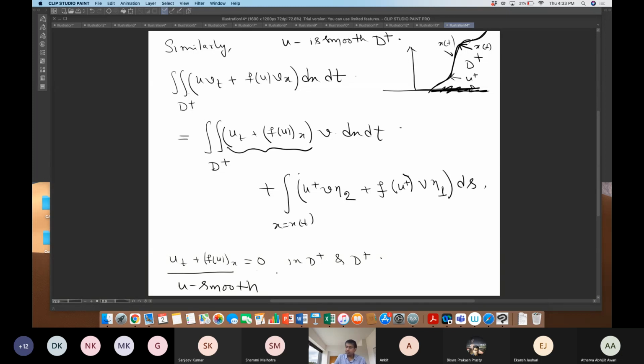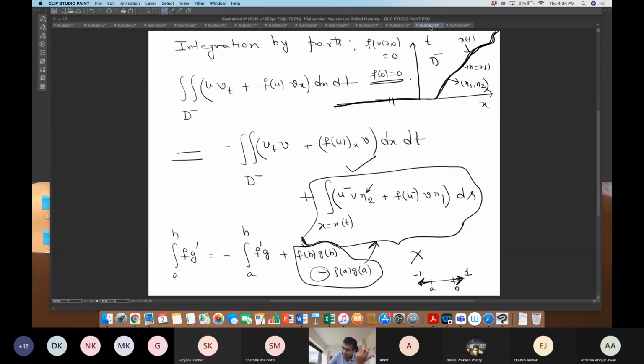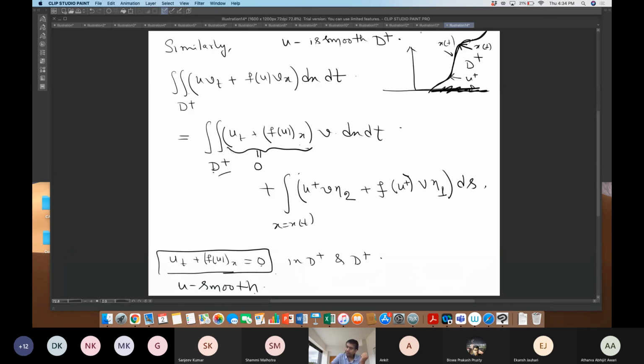So what will be the value of u_t plus f(u)_x in D plus? U is a smooth function and you satisfy this equation in the pointwise sense, so it is 0. Yes or no? Yes, sir. Here also the same thing. In the pointwise sense this is 0. So both are 0.